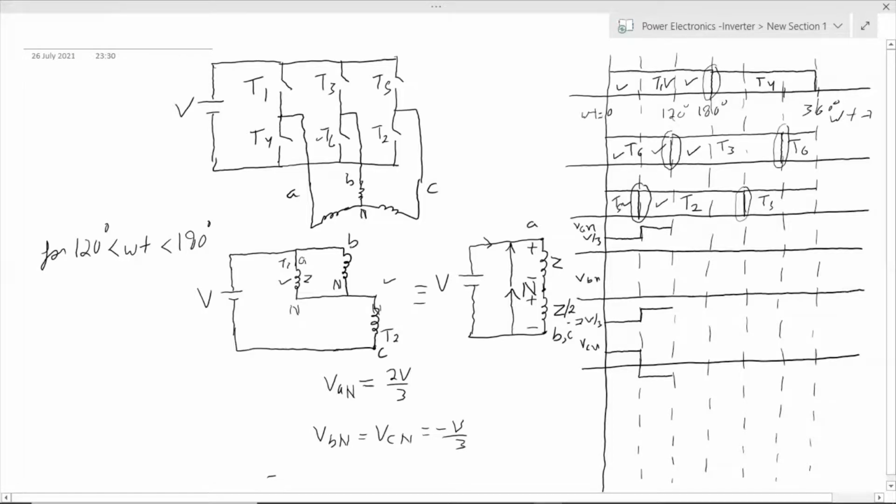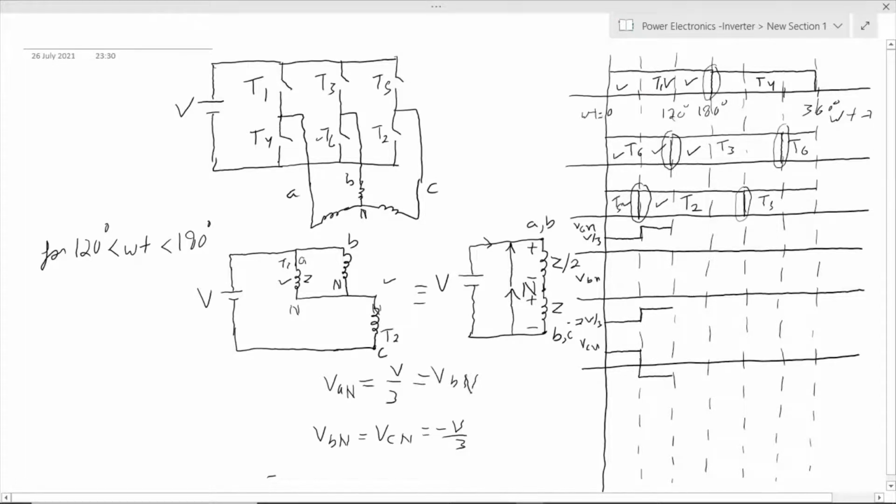So now we can write, so the lower phase will be Z. Now again we can write VAN as V by 3, because there are two phases connected in parallel. So it will be V by 3, which will be equal to VBN.